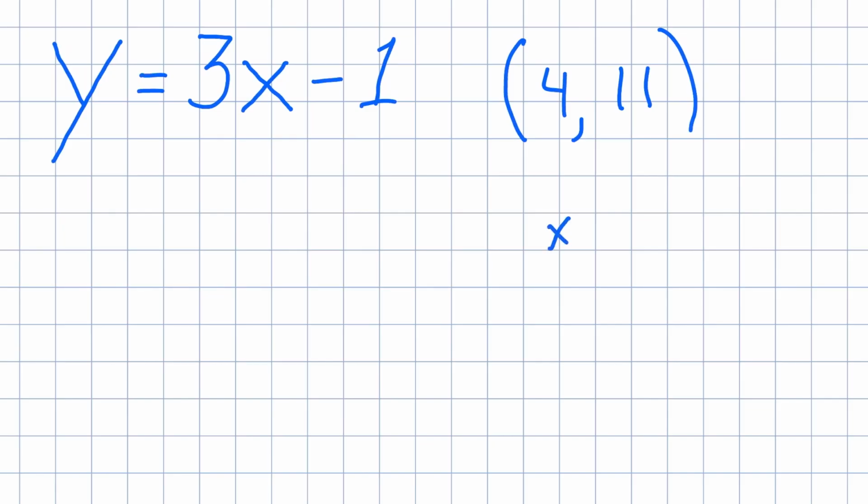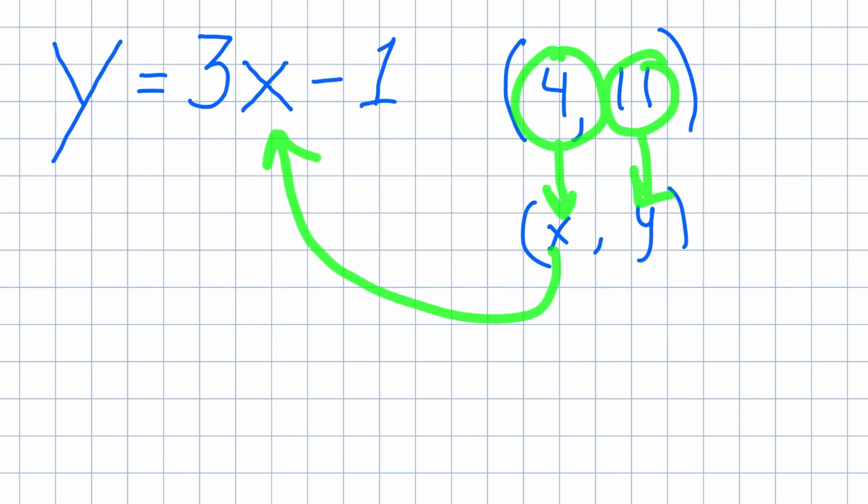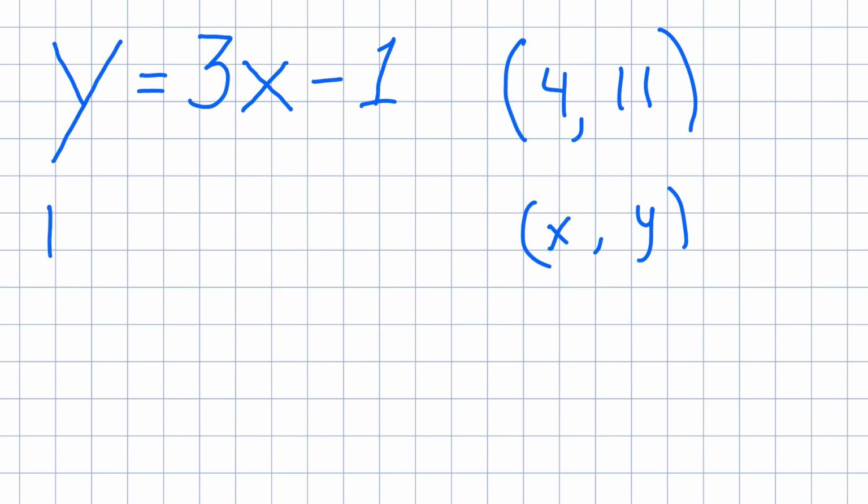All right, so check this out. If I had the coordinate 4, 11. Now remember, coordinates are always x, y. So I'm going to plug the 4 into the x position, and I'm going to replace the y with 11 and see if my statement is true. So what I end up with is 11 equals 3 times 4 minus 1.